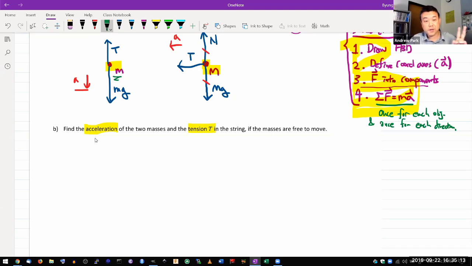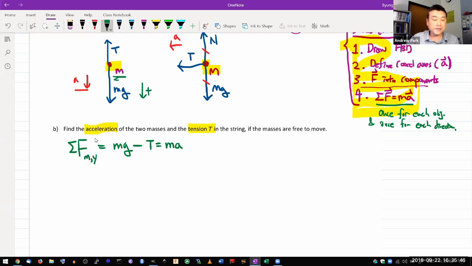So potentially I could be writing down 4 equations, but some of the directions here are very boring. Let's start out with the small mass m. When we are looking at the net force on small mass m, let's do the vertical direction first. I'm going to let the direction of acceleration be my positive direction. So it's mg minus T is equal to mass times acceleration.